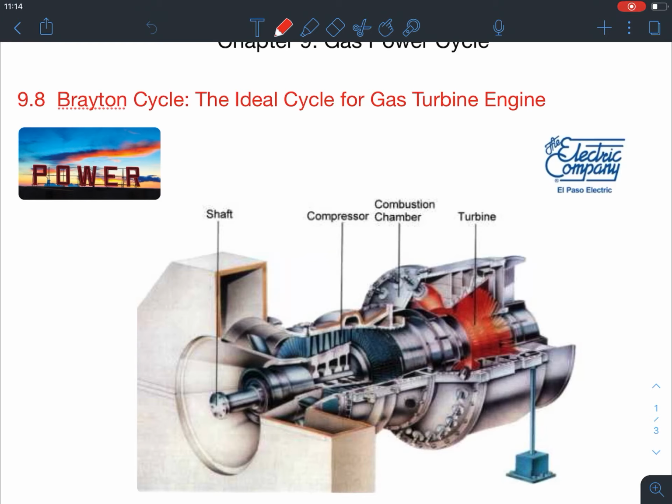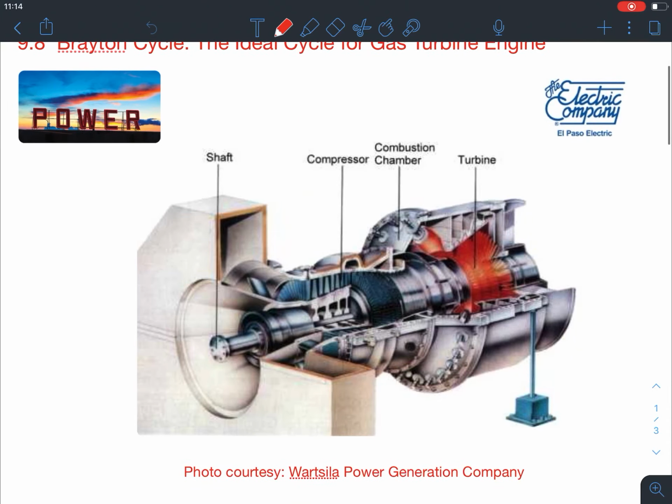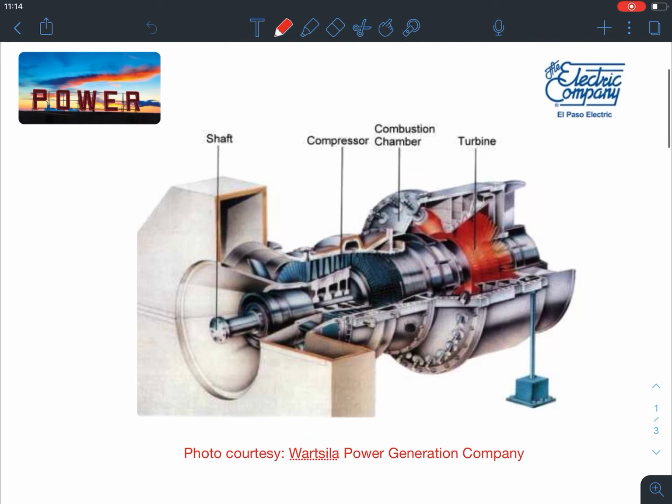That power plant is not using the ideal Brayton cycle, rather a modified version. But just to let you know, the basic working principle of those gas turbine power plants is the Brayton cycle, or the modified Brayton cycle.